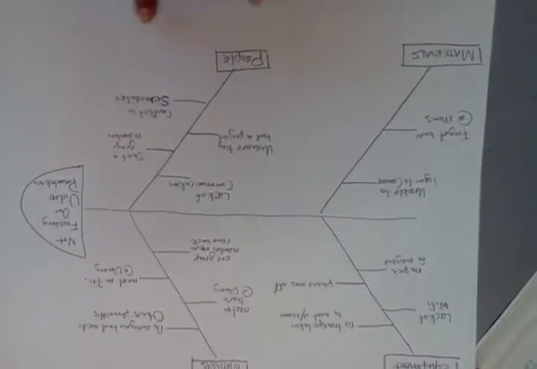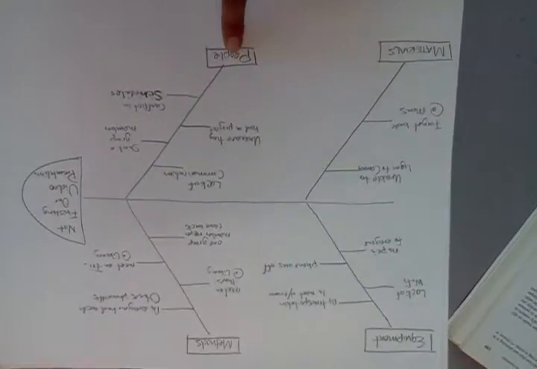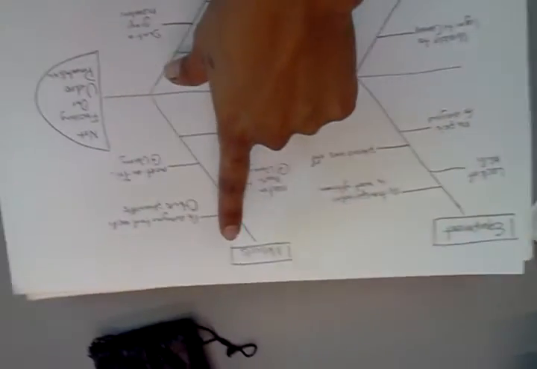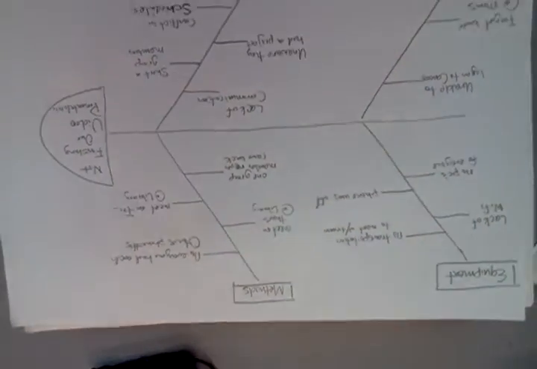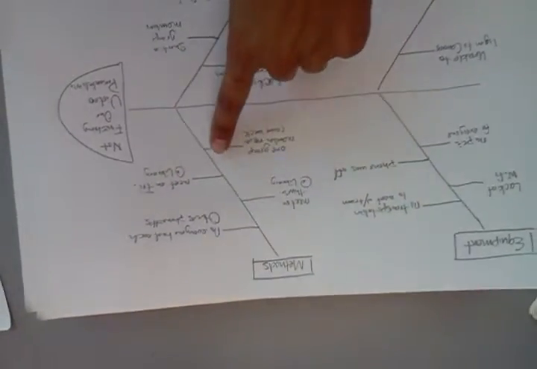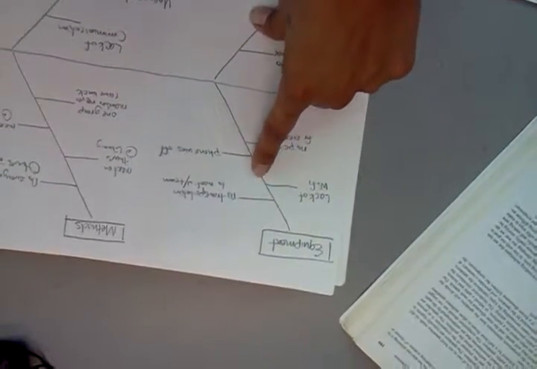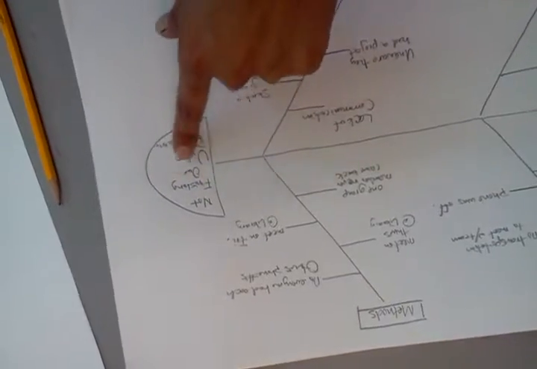So, the four main categories that we have on our fishbone diagram are people, materials, equipment, and methods. The methods are how we, as a group, were supposed to connect and get our video done. Our equipment was what we needed to use in order to get our video done.